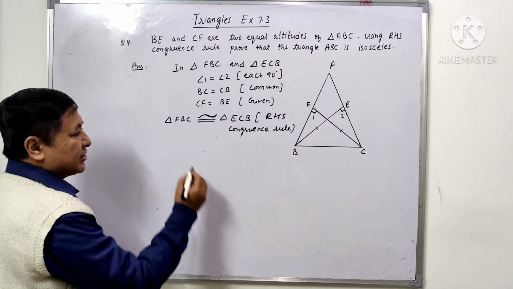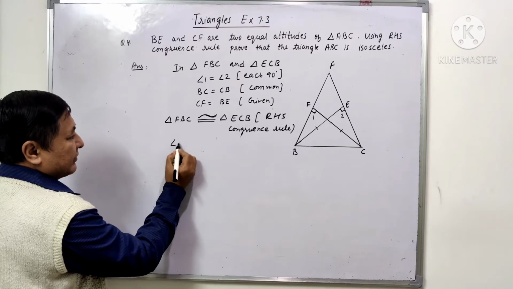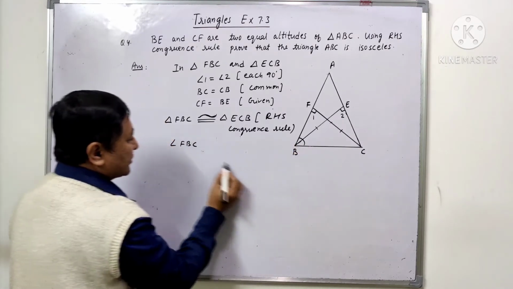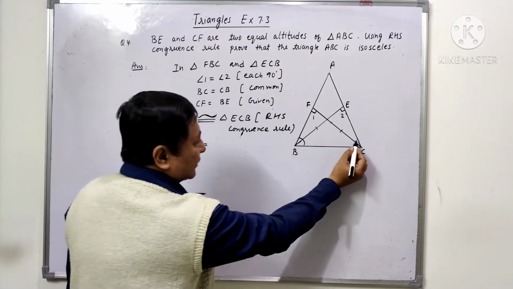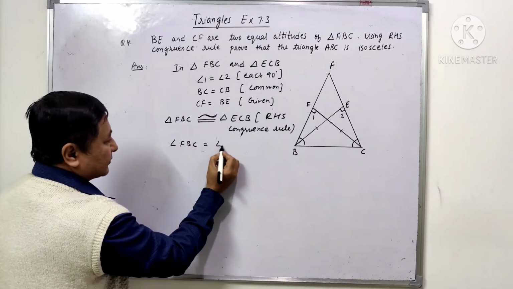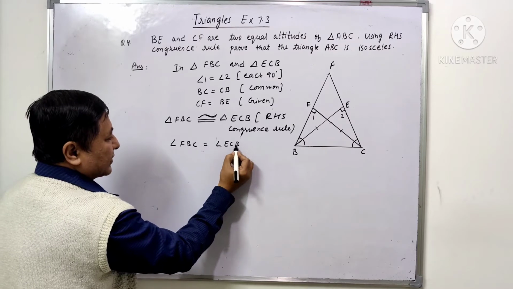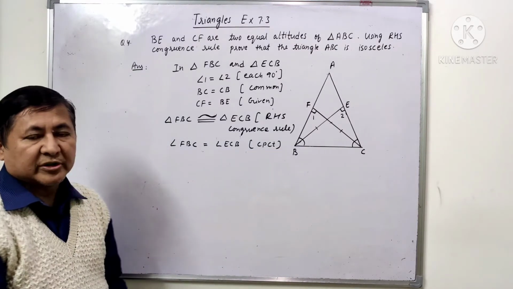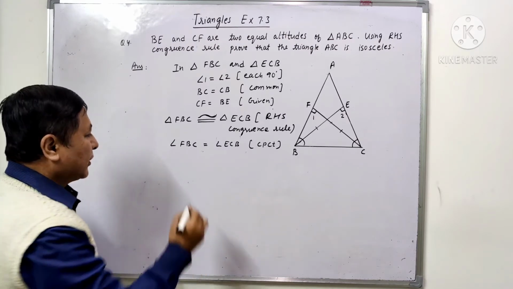So now by CPCT, angle FBC is equal to angle ECB, by CPCT. That means corresponding parts of congruent triangles are equal.